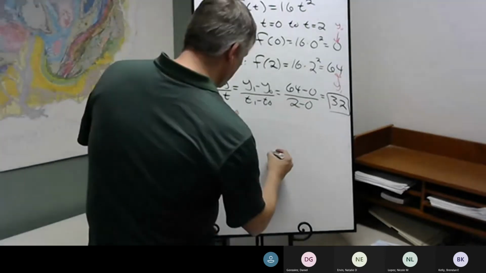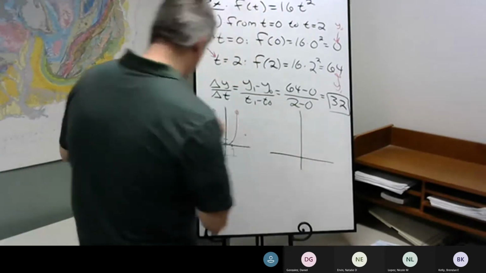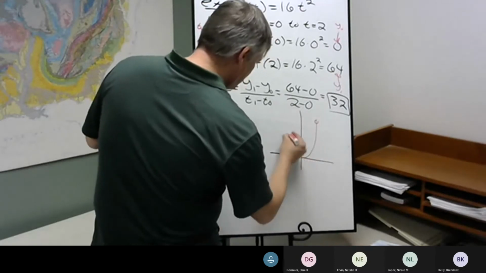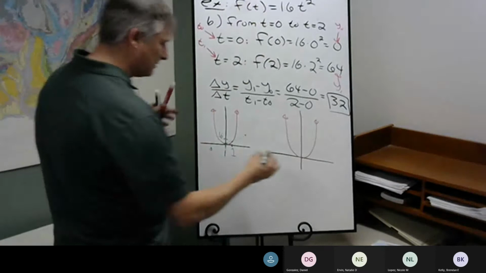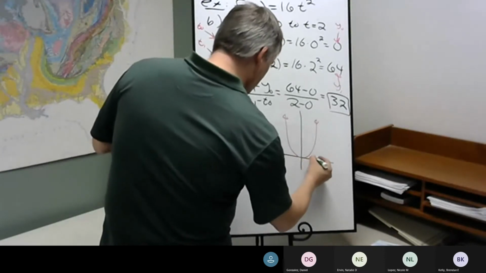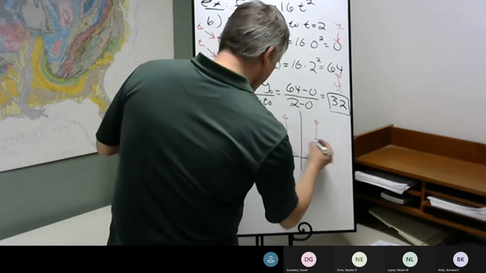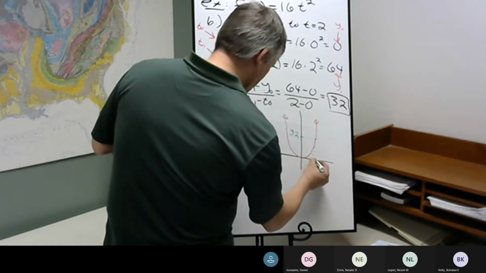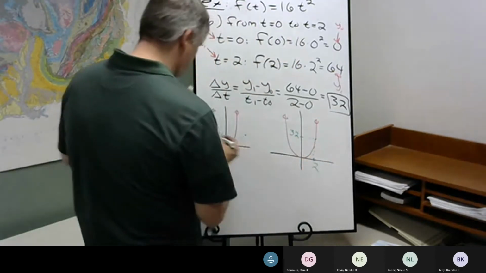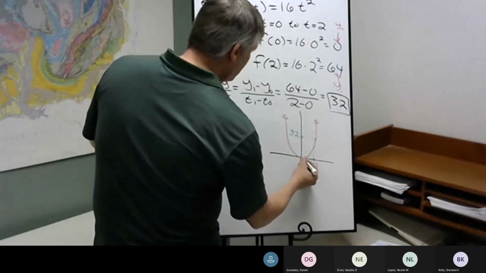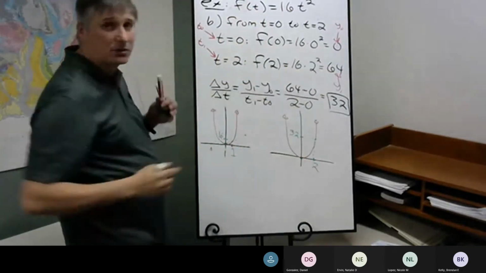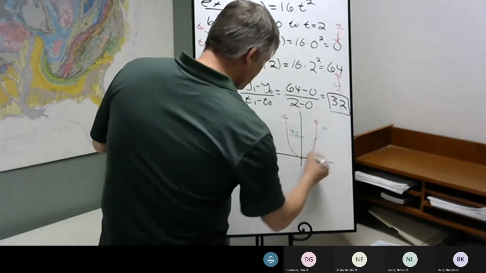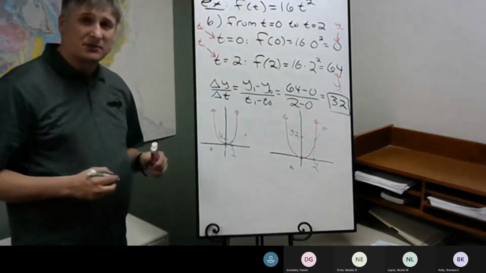But so at 2, it's 32. Here's 2. This line, because we're starting with t is 0, y is 0, so we're always starting at the origin, has our steeper slope.